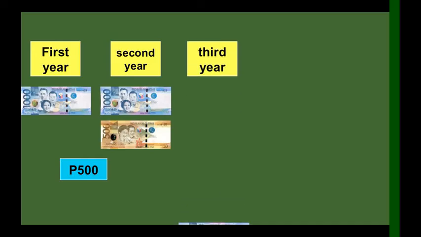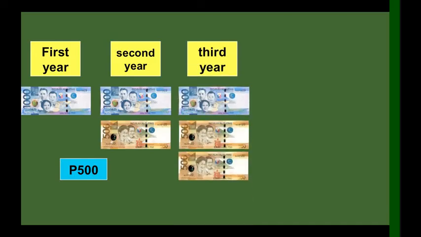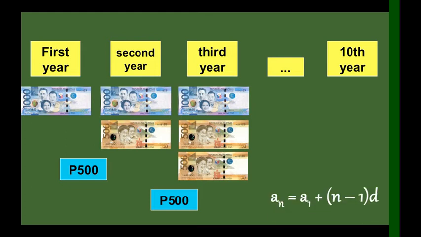For the first year, Alvin saves 1,000. For the second year, it's 1,500. It has a gap of 500 pesos. For the third year, he saves another 500, so it also has a gap of 500. And so on until the 10th year.